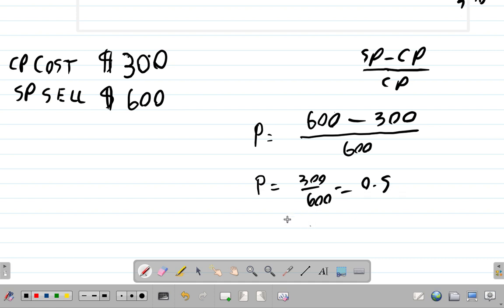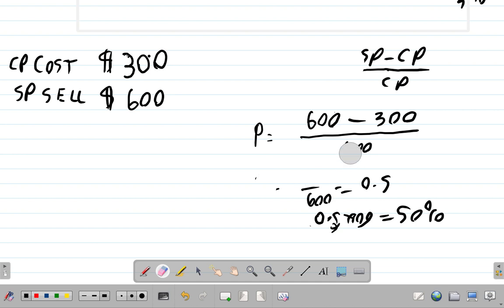So when you multiply 0.5 by 100, you would be saying that your profit is 50%. So you make half the money that you spent, but that is not what happened. If you make 50% on 300, it would be 300 plus 150. You would add half the 300. That's not what happened. So don't make the mistake of dividing by the selling price. It is the cost price that you're to divide by.